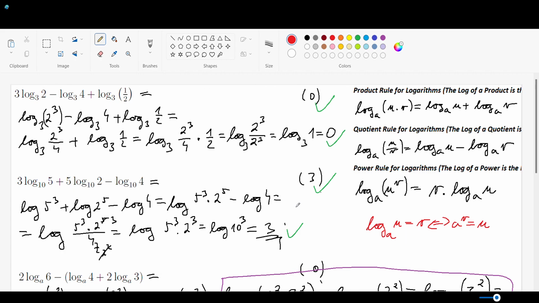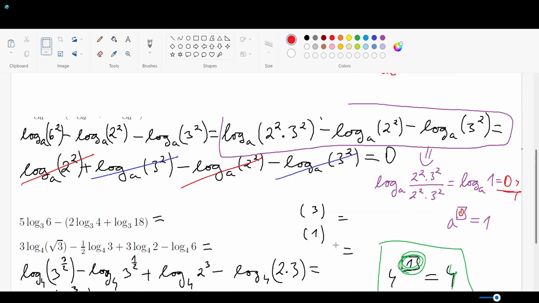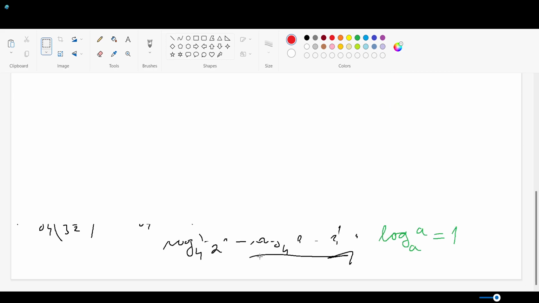Okay, so you try to do the training on your own with these numerical expressions, applying the rules for logarithms. There is one more thing I want to show you in this video: this is really useful and not used only for calculating numerical expressions, but also for solving tasks. Let me just make some space here.